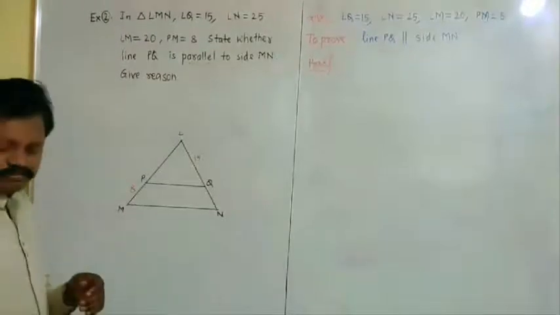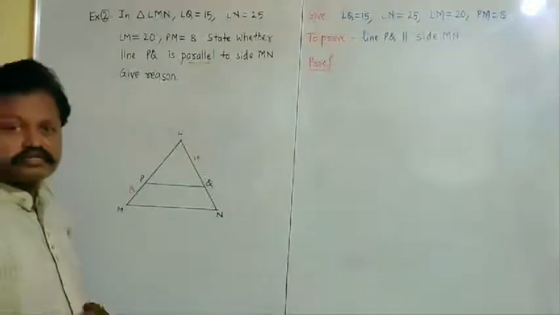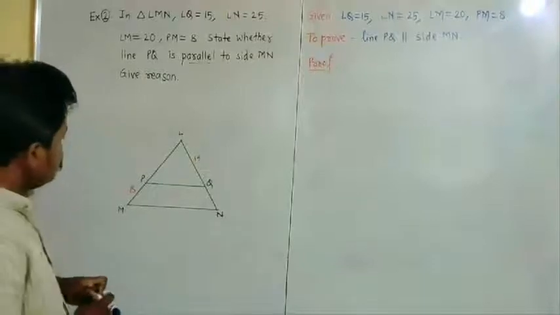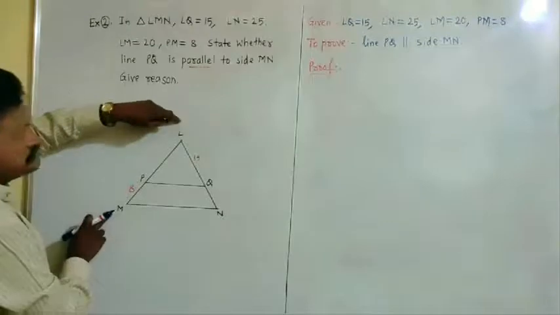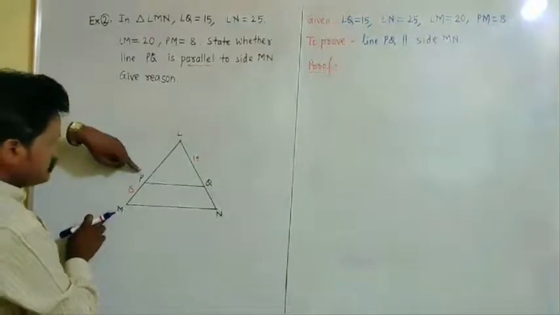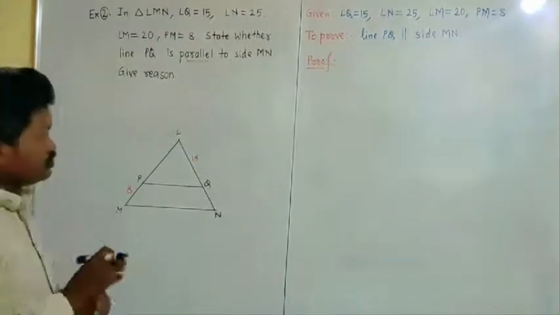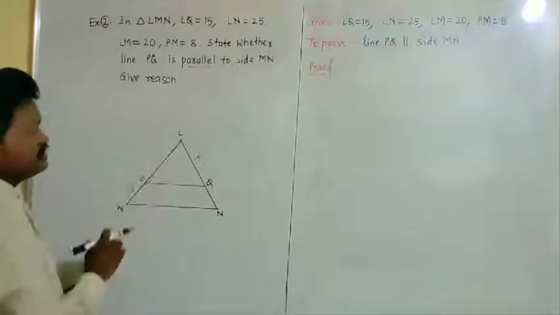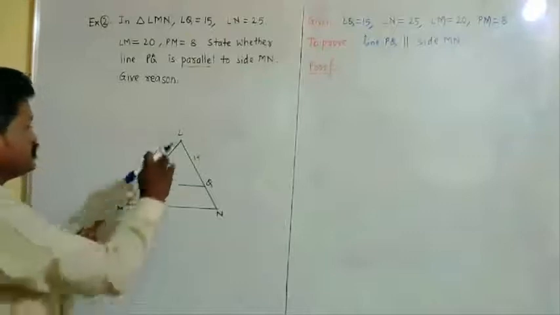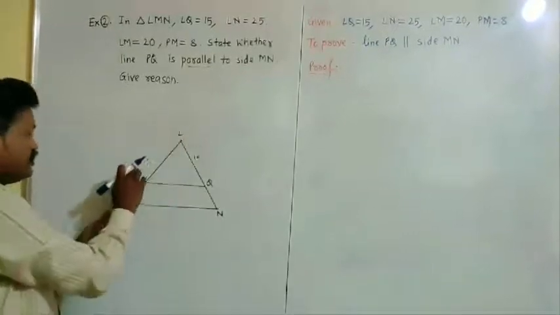We have to take the side ratios. So look here, in the side ratio first we need LM and PM, but you don't know PL. So you first calculate PL here, because you know the total LM and MP.